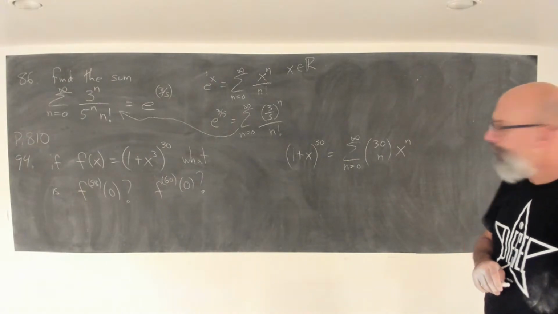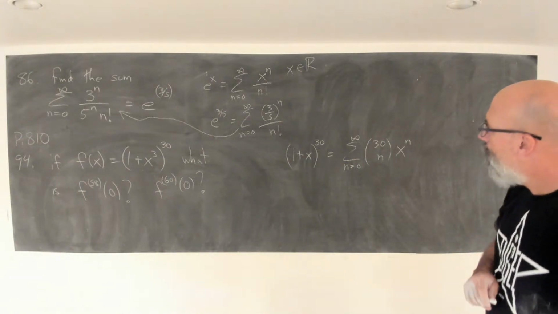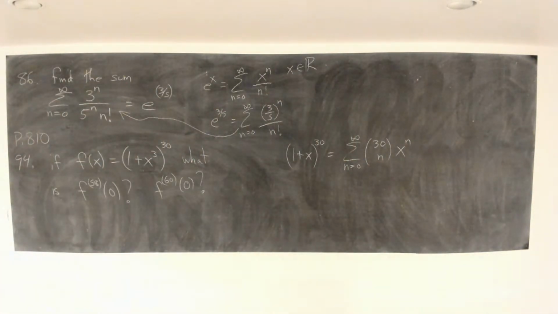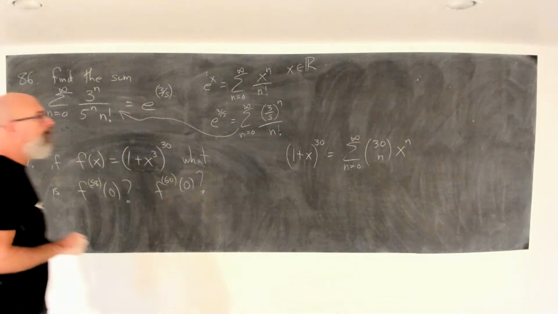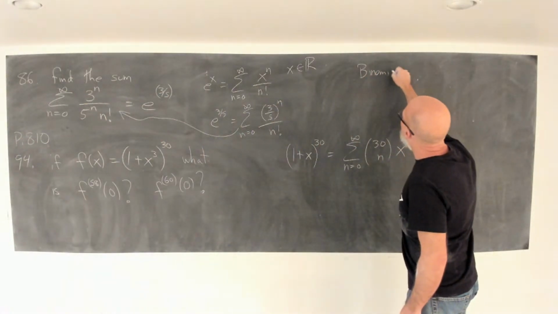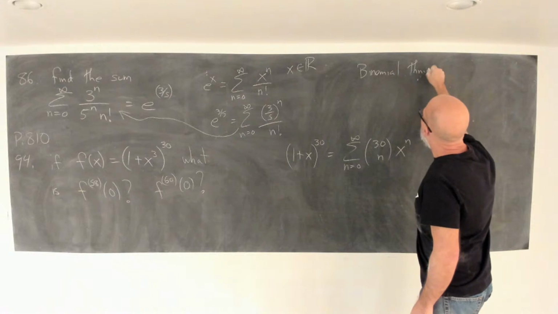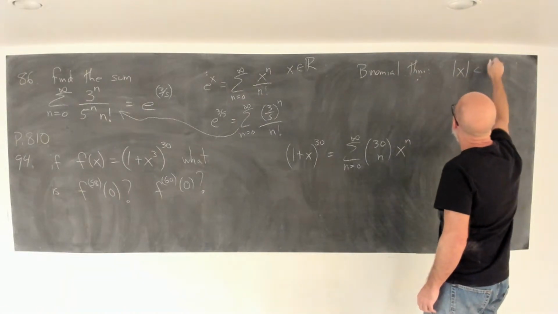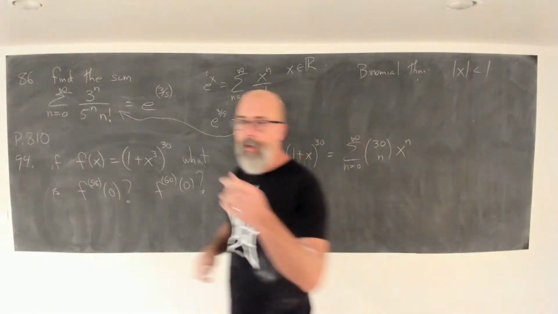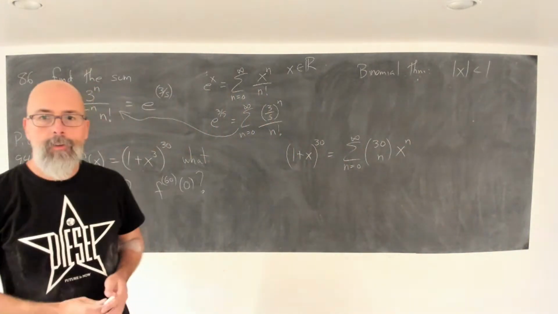Did I mention the interval of convergence for x in the binomial theorem? I think I forgot. This was valid for x between -1 and 1. Sorry about that. Completely forgot.